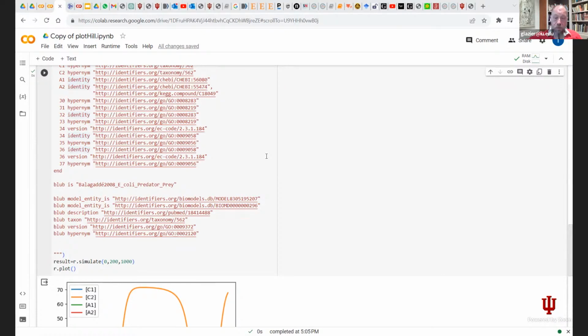Instead of looking at the paper, they can click there and it should pop up the definition. I don't know if they all will. Those GO ones should pop up the definitions. Okay. Any questions about that? Does that make some sense? So none of this has to do with model execution. They all have to do with annotation and description of the model.